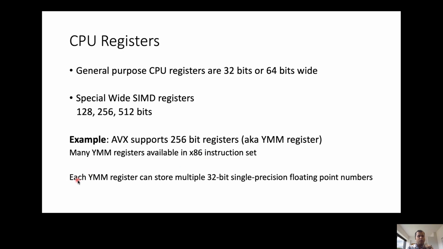And each YMM register can store multiple data types. So floating point numbers take 32 bits, and each YMM register can store many, like 8 or 16, depending on the exact generation of intrinsic. So wide registers containing more instances of data types.